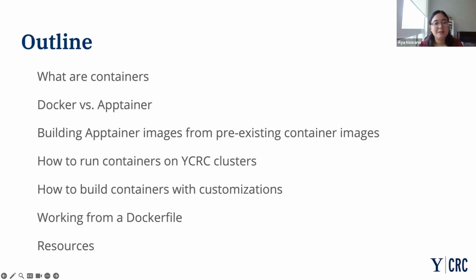Next, we'll dive into building Apptainer images from pre-existing container images on YCRC clusters, how to run containers on our clusters, and then how to build containers with customizations using definition files and sandboxing. We'll also briefly discuss how to go about using containers on a cluster if you only have a Docker file. Finally, we'll wrap up with resources to learn more about Apptainer and how to get help from YCRC.